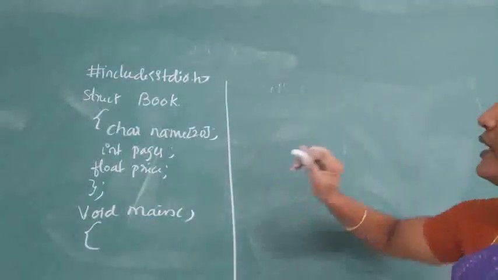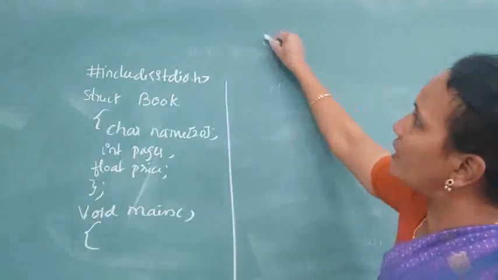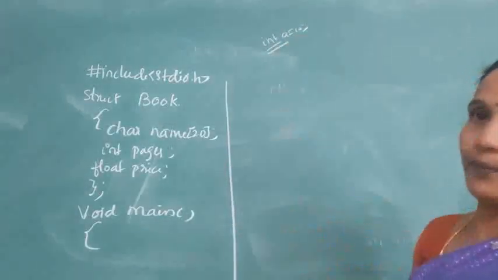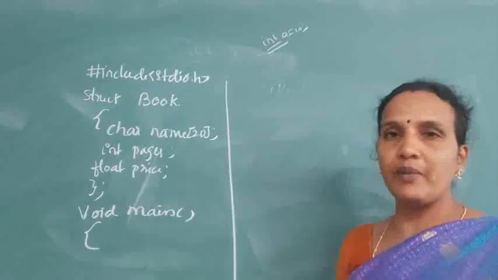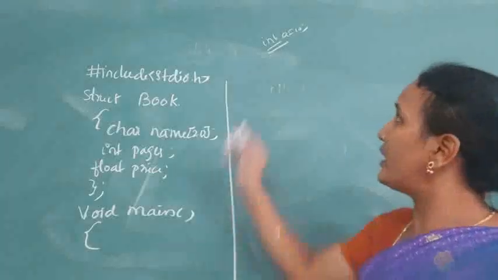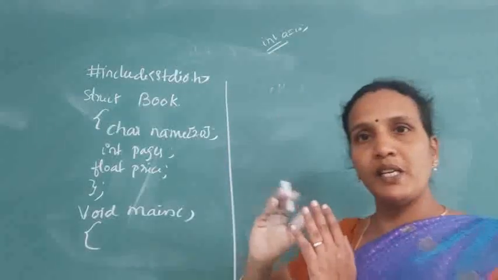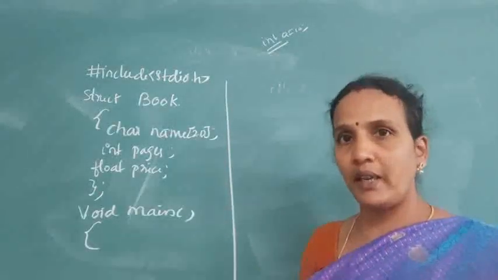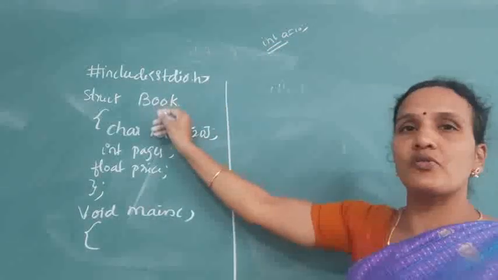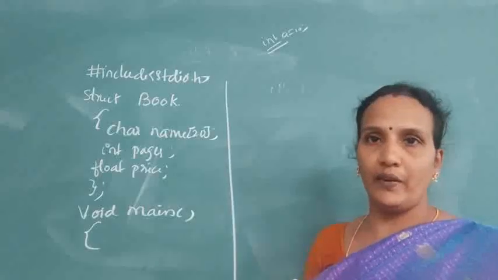If it is an integer variable, inside the main function we declare like this: int a. Here int is a data type, a primitive data type, primary data type. But here the structure is a derived data type. So how to declare variables for primitive data types? In the same way, you should declare the variables of the structure inside the main function.